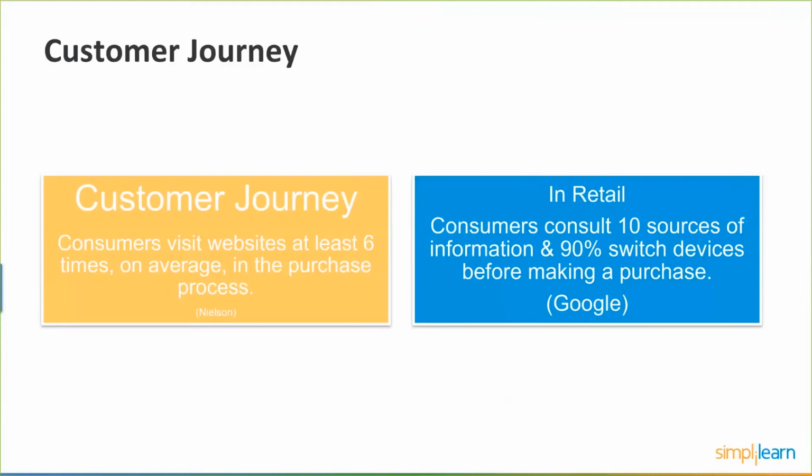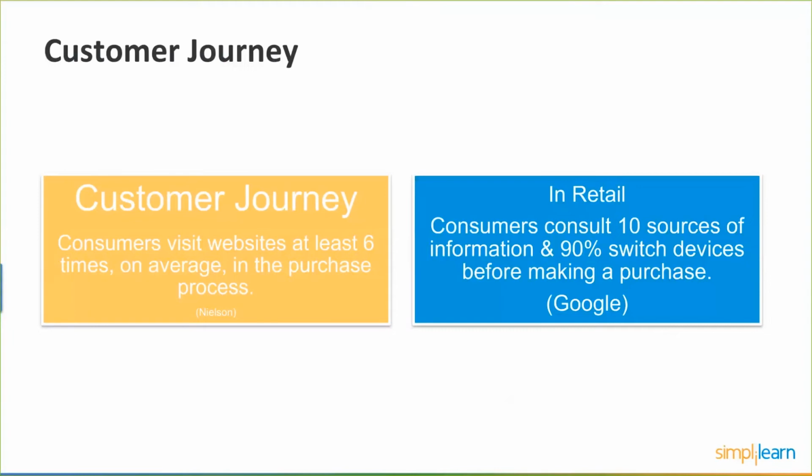There's a few reasons we want to start with remarketing. One is when we look at the customer journey, Nielsen says customers visit websites at least 6 times on average in the overall purchase process. Now, that may not just be retail. That includes finances and travel and form fills and insurance lead gen and so forth.